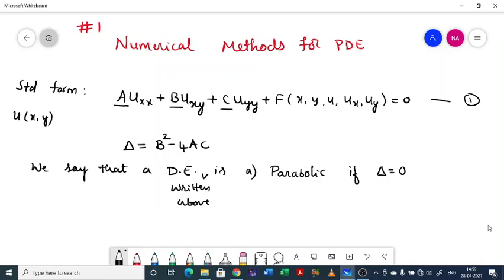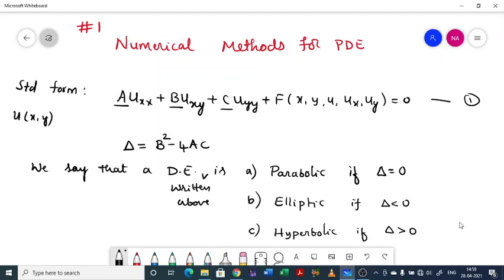Keeping that in mind, let us move to the next one. It is called elliptic if delta is less than 0. If the discriminant is negative, then we say that the corresponding second order linear PDE is an elliptic PDE. C, hyperbolic, that is if delta is greater than 0.